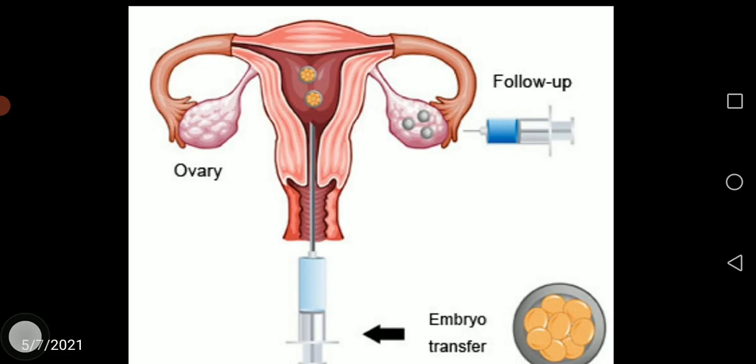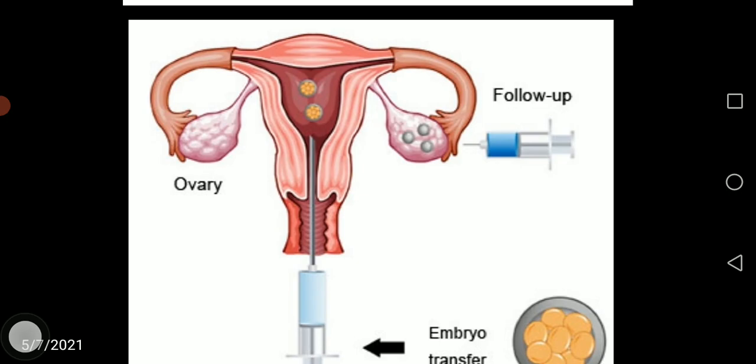Once the sperm and eggs are allowed to unite outside the body in a laboratory, one or more fertilized eggs may be transferred into a woman's uterus, where they may implant in the uterine lining and develop. After the embryo is formed, it is introduced into the female reproductive tract, where it goes and attaches in the uterus.